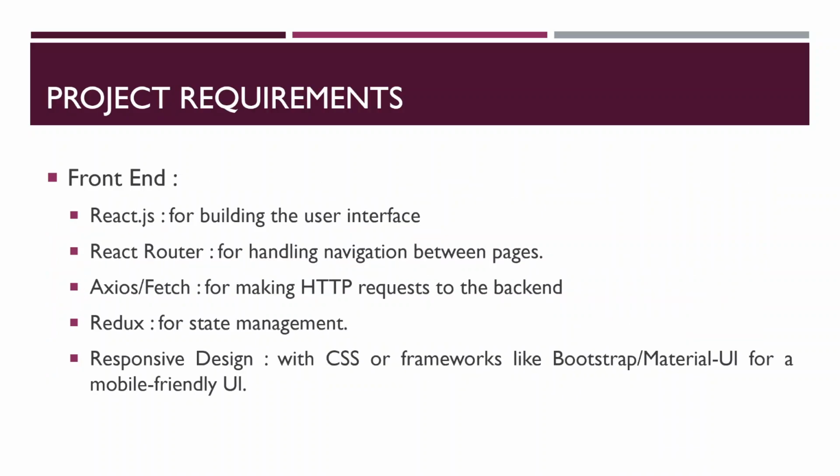Now the project requirements. On the front end side, the requirements are React.js for building the user interface, React Router for navigation between pages, Axios and Fetch for making HTTP requests to the backend, Redux for state management, and responsive design using CSS or frameworks like Bootstrap and Material UI.